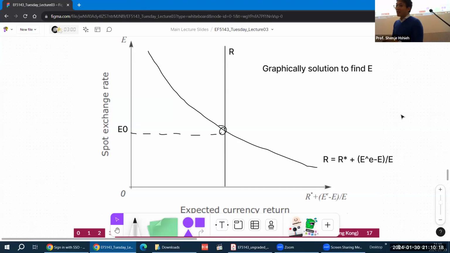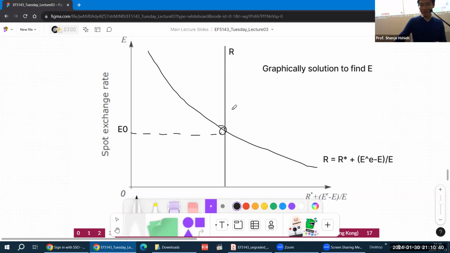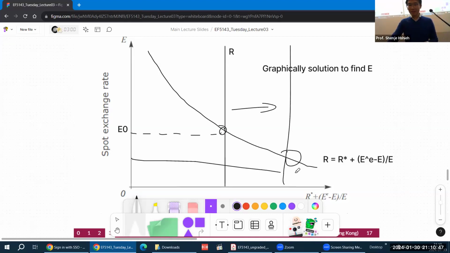Where the economy in general is heading, and that only really requires us to determine the direction of where E should go. And so this graph can easily help us understand where E should go depending on how R changes. For example, if central banks are considering monetary contraction, right? They're increasing interest rates. When R shifts this way, we know graphically, without thinking too much, where the spot rate should be. So we expect E to go down, right?